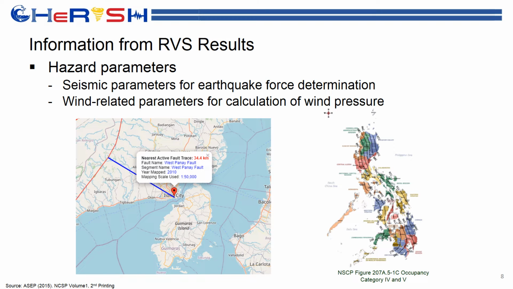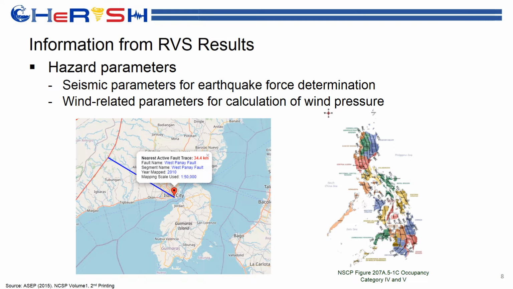Another information that we can get from the RVS is the hazard parameters. For example, we can get information about the location, the coordinates of the building under consideration, and from that given location, we can use the app that was introduced earlier, which is the fault finder, and determine how far our building is from the nearest known active fault.